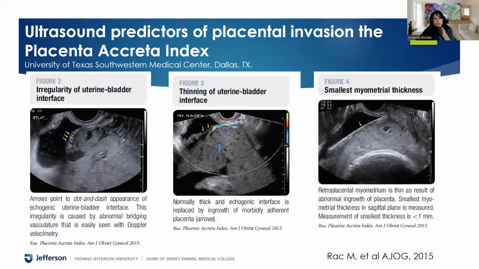Other signs are irregularity in the uterine-bladder interface and thinning of the uterine-bladder surface. So we can see these irregularities. If we put color on, we're going to see hypervascular vessels behind the bladder. And basically in this figure 4, there is no myometrium. The myometrial thickness is almost nothing.